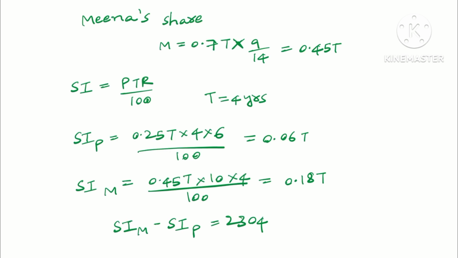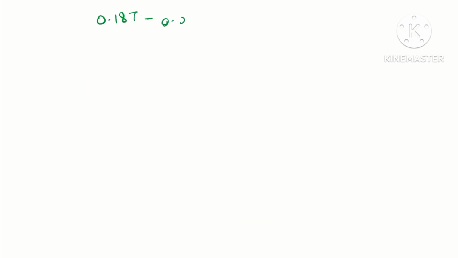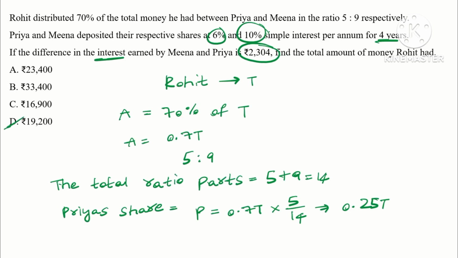Simple interest of Meena is 0.18T minus simple interest of Priya is 0.06T equals to 2304. 0.12T equals to 2304. We get T equals to 19,200. Option D is the answer.